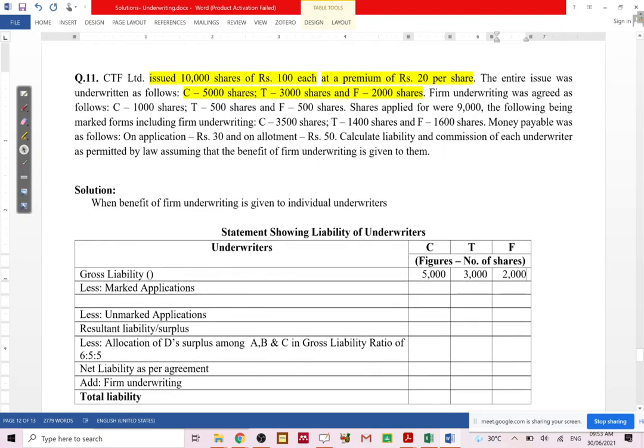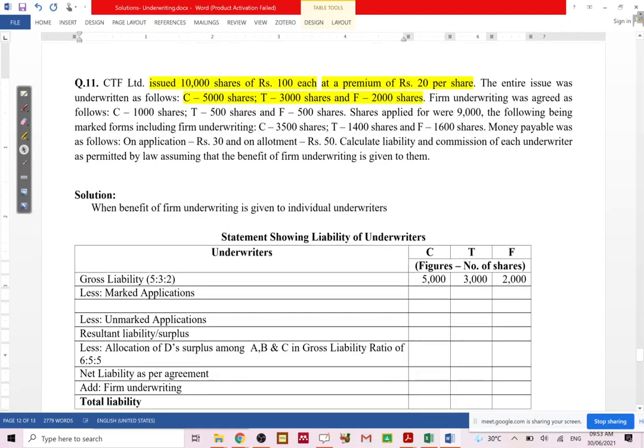If you calculate the ratio, these cannot be further reduced except by eliminating the zeros. So you have 5:3:2 as the gross liability ratio.